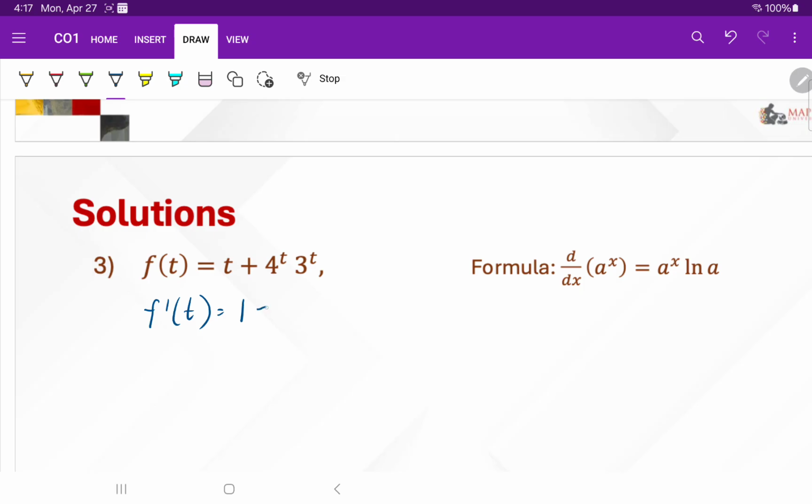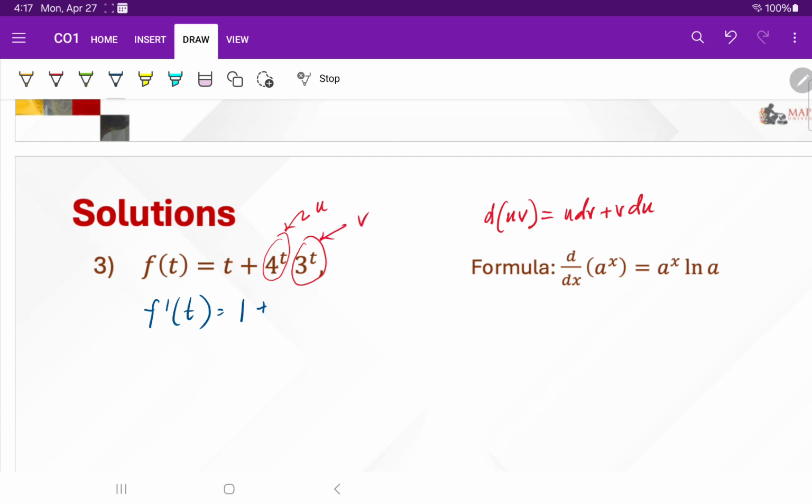Now for this one, you have to use the derivative of a product, because you have the product of 4 to the t and 3 to the t. So we use the derivative of u times v, which is u dv plus v du. This is your u, this is your v.